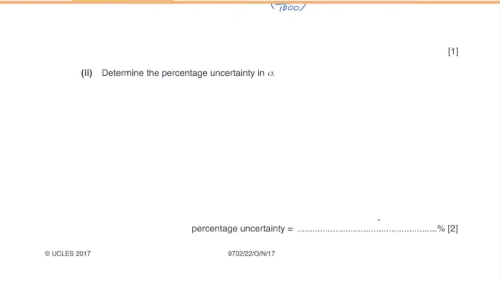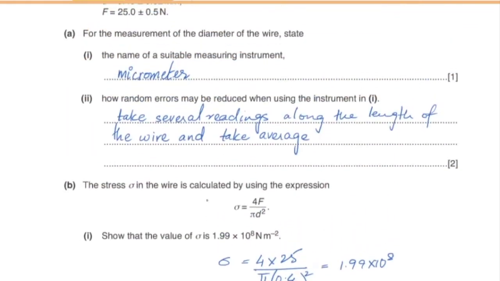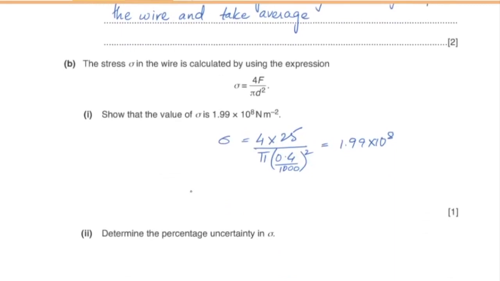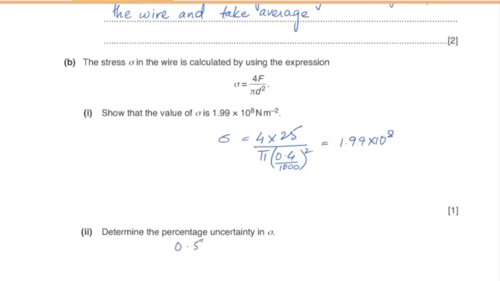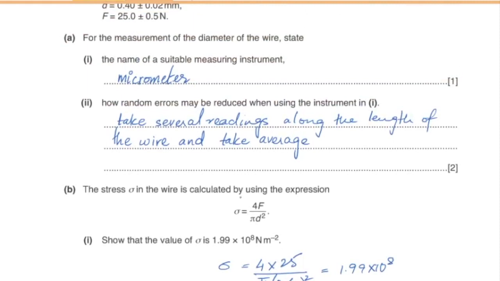Part 2, determine the percentage uncertainty in the stress. So the percentage uncertainty of stress is going to be the sum of individual percentage uncertainties that are involved in the formula of the stress, and those quantities are force and diameter. So the percentage uncertainty for the quantity force is the absolute uncertainty of the force divided by the value of force into 100%, and it should be added to the percentage uncertainty of D twice, because in the formula for stress we are taking D twice.